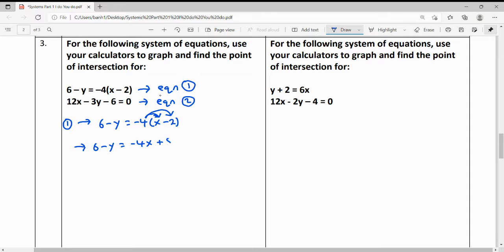Now I want to isolate for y, and it's on the left-hand side, so I'm going to move the 6 over by subtracting it. If I subtract 6 from both sides, I should get negative y equals negative 4x, and now positive 8 minus 6, that should be 2, so negative 4x plus 2.